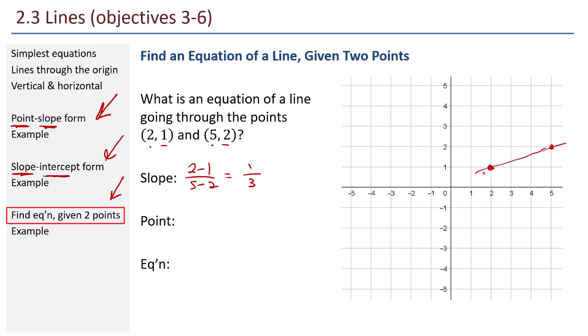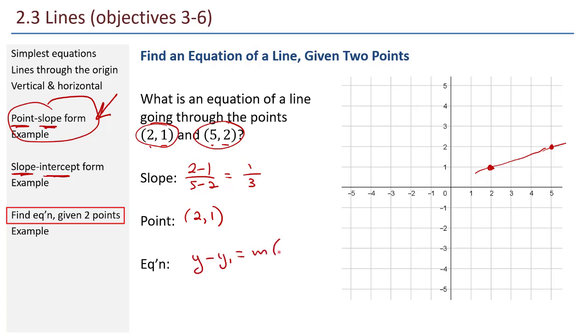And I know a point. So in fact, I could take either of these 2 points. Which one looks simpler? Maybe (2, 1). And now, you know what? I have enough information that I could take a look at this first form, the point-slope form. I have a slope, I have a point. Let's use the point-slope form. So y minus y1 equals m times x minus x1.